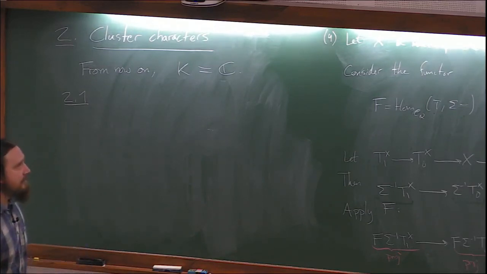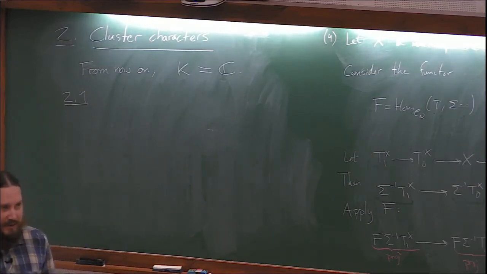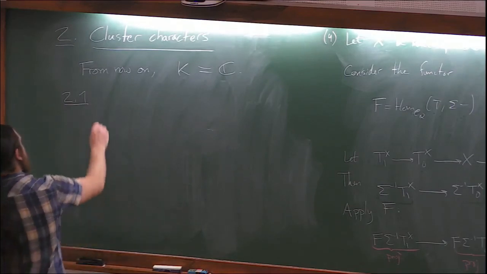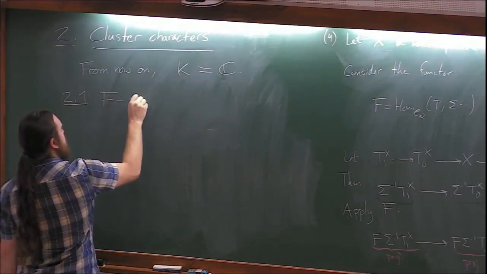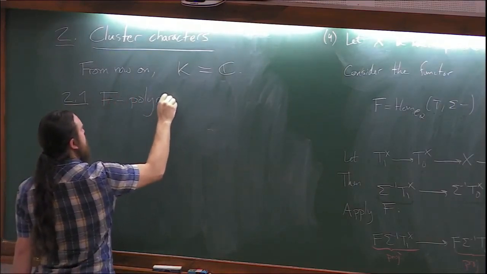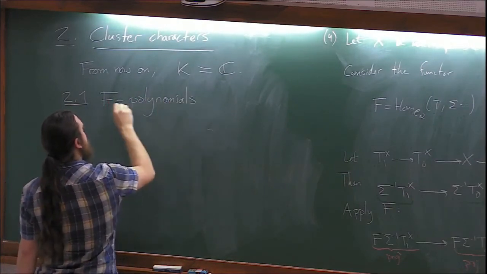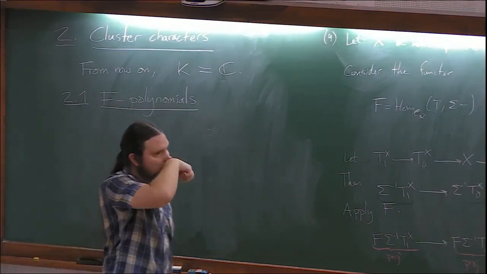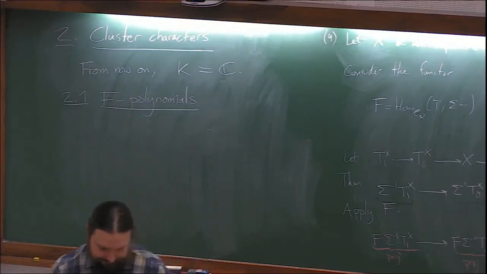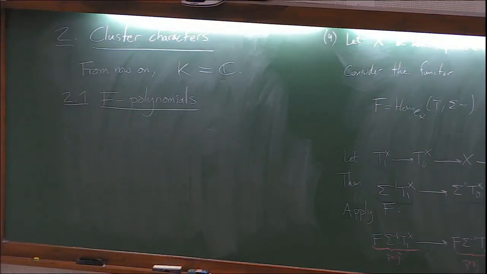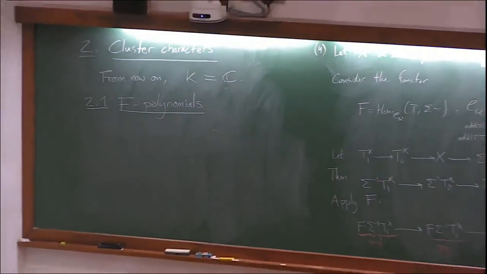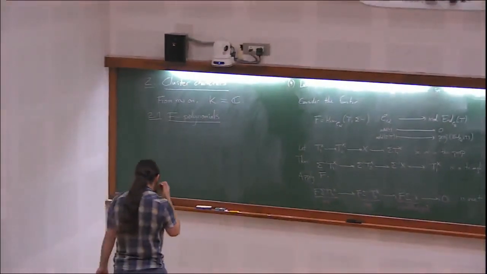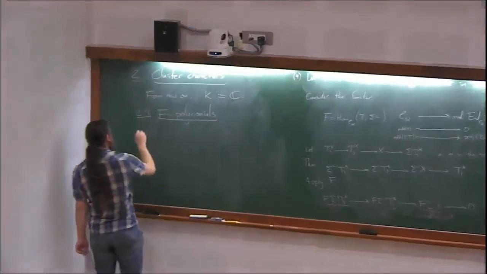I will do this in 2 steps. First thing, I will define something that contains less information than the cluster character, and I'll call this the F-polynomial. So the F-polynomial you can define for any module over any algebra.